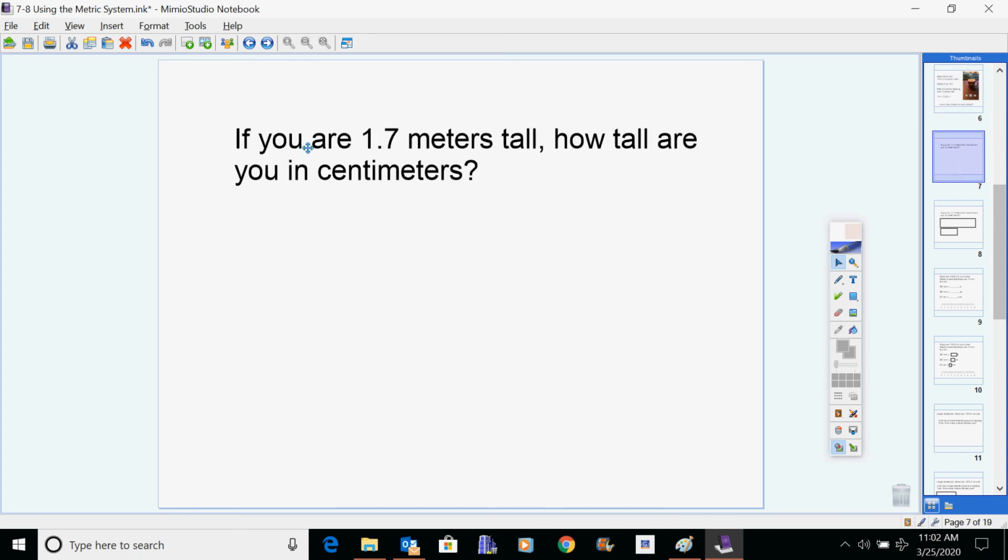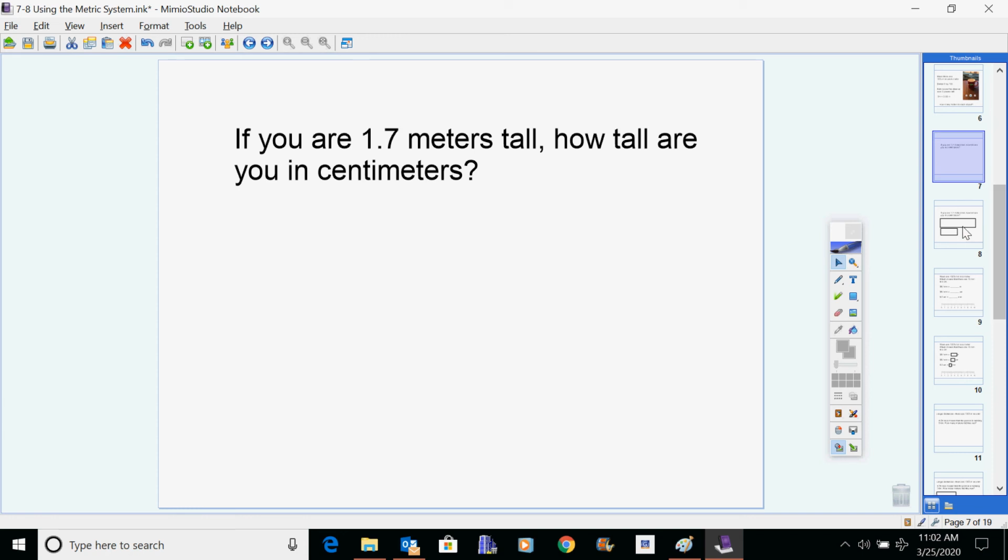Okay? Now let's think for a minute. If you are 1.7 meters tall, how tall are you in centimeters? Well, let's think about that for a minute. You're definitely taller than the doorknob, so you might actually be approximately 1.7 meters tall. So let's think for a minute though. The centimeters are little tiny units, so there's going to be a whole bunch of them in a meter. There's 100 of them in each one of these meters.